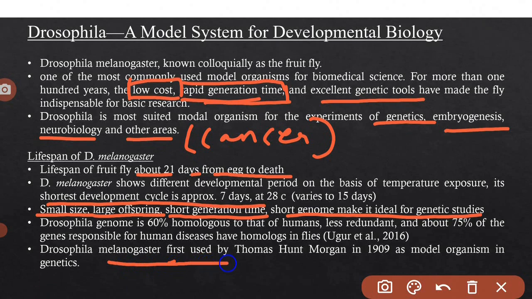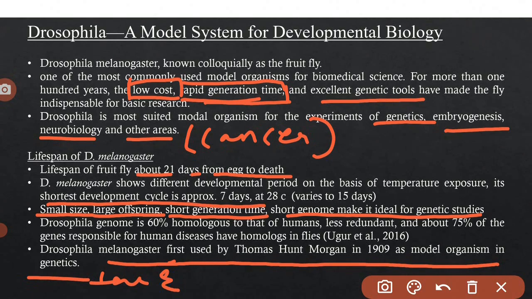Drosophila melanogaster was first used by Thomas Hunt Morgan in 1909 as a model organism in genetics, in the experiment of linkage. While performing the linkage experiment, Thomas Hunt Morgan used Drosophila as a genetic model.